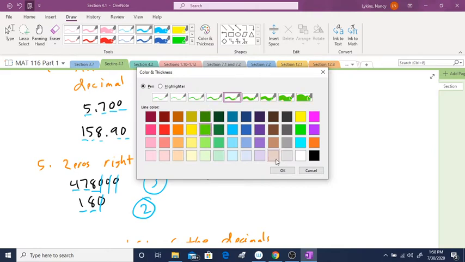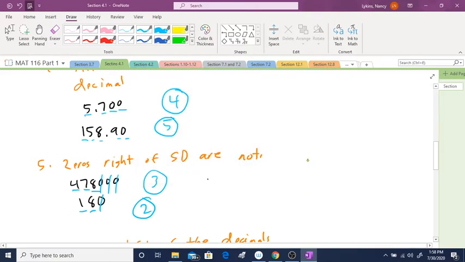Now, on a side note, let's say we took that first one, 4, 7, 8, and I want to add some numbers after it, and we're asked to round to 3 significant digits.